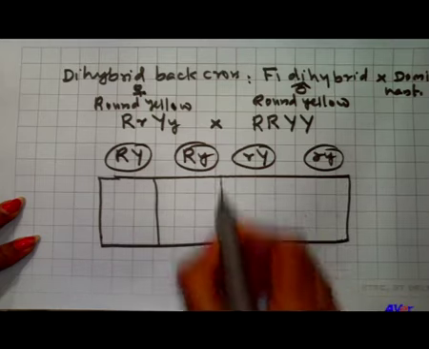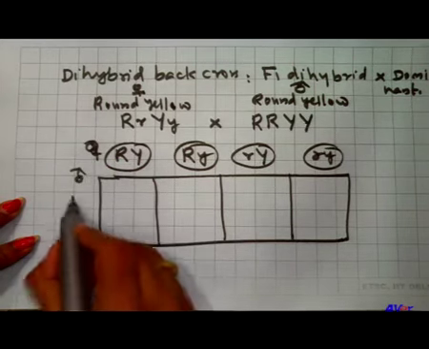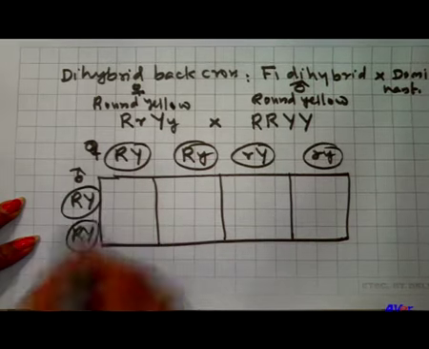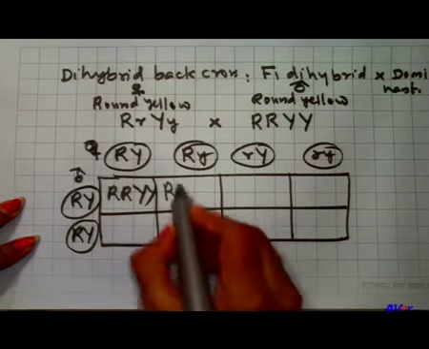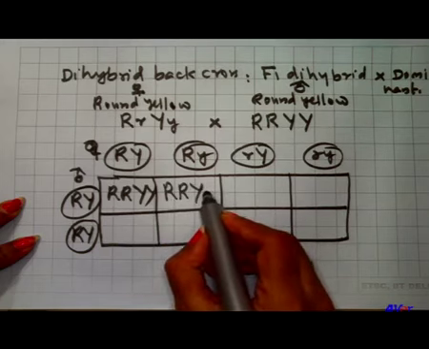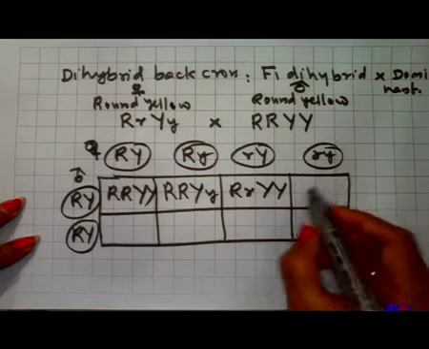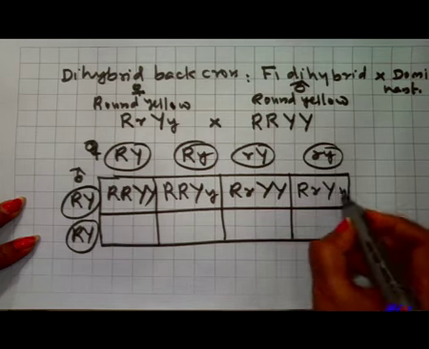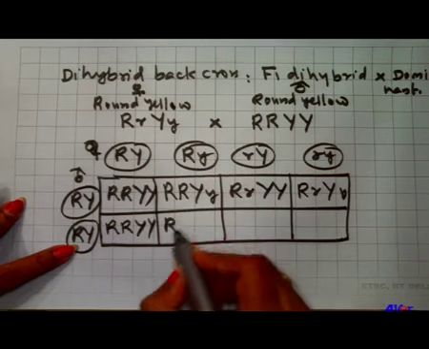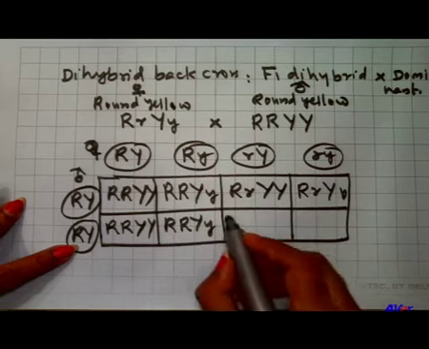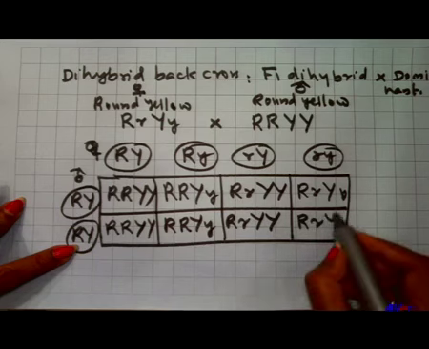See here, female gamete, male gamete, capital R and capital Y. This will be the combination like this: capital R and capital Y, small y here, capital R, small r, capital Y, capital Y. See this combination, capital R, capital Y, capital Y; capital R and capital Y, small y; capital R, small r, capital Y, capital Y; capital Y and small y.